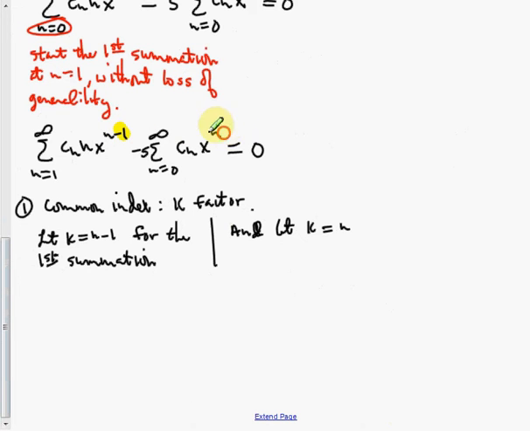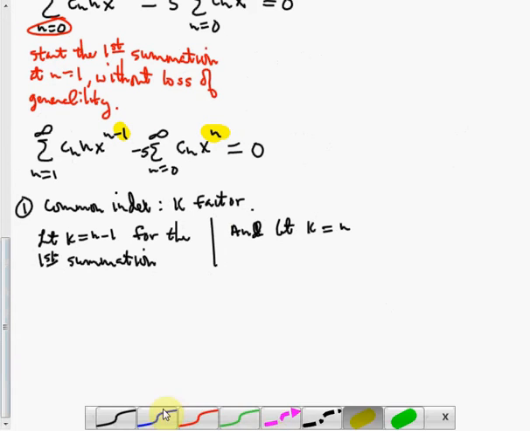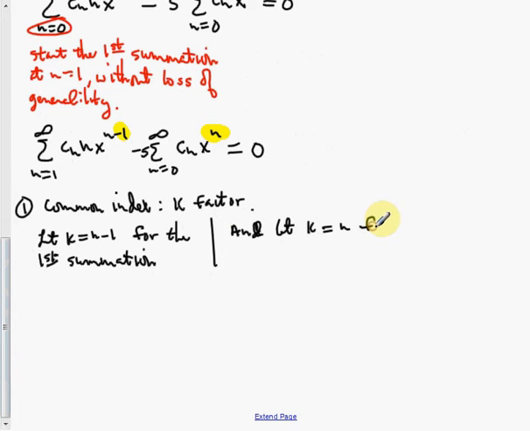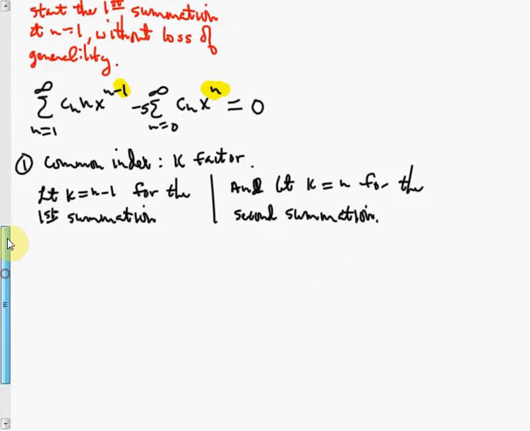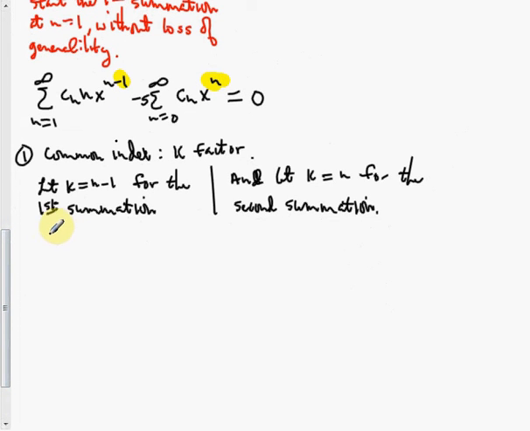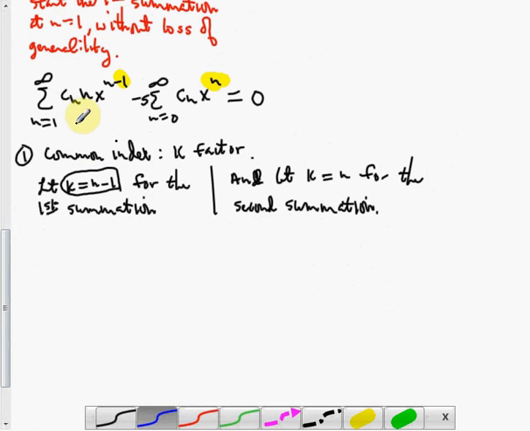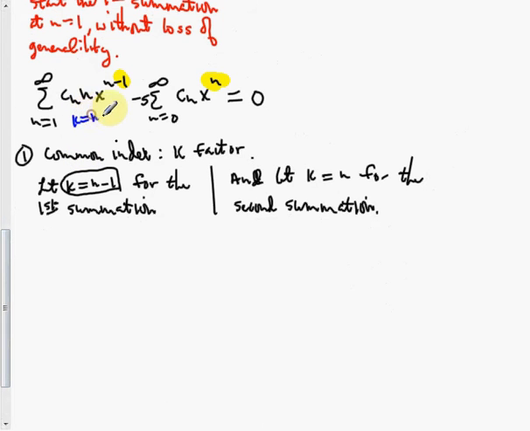I'm looking at the exponent. So when I do that, I have for this first one that k is equal to n minus 1, and then over here, k is equal to n.